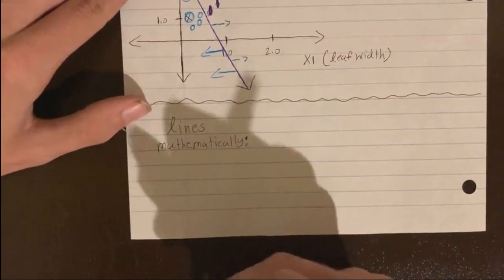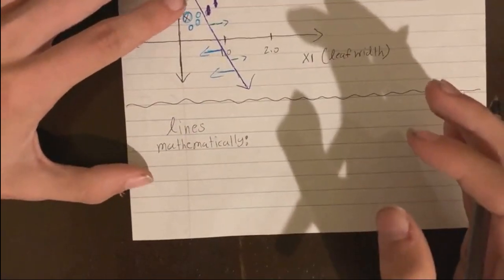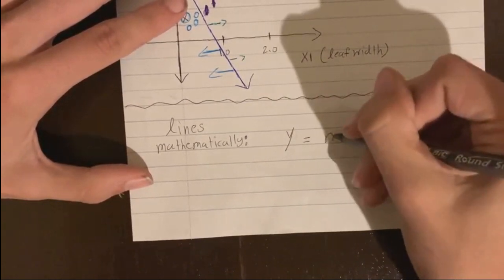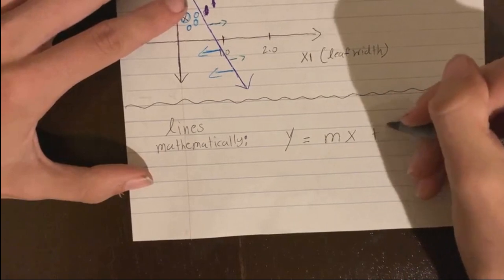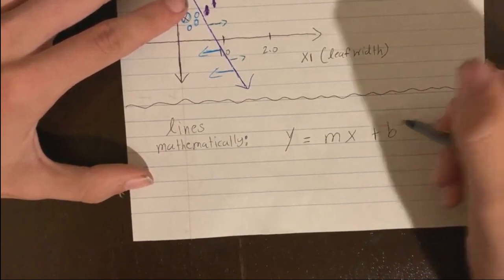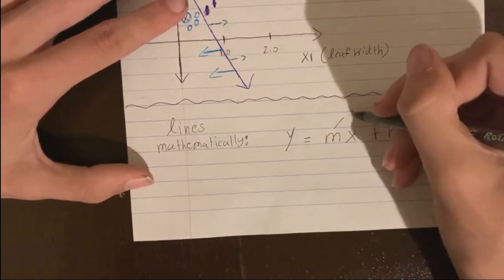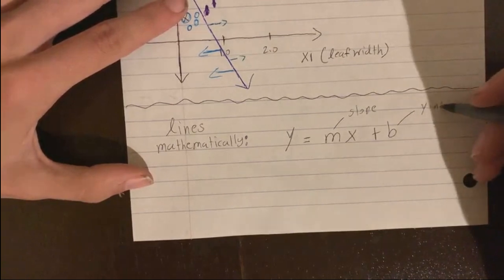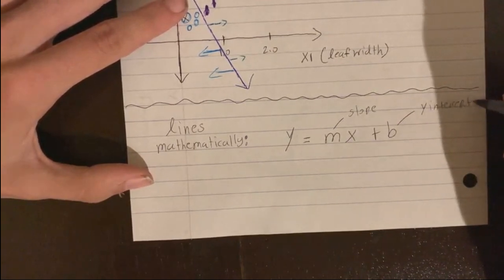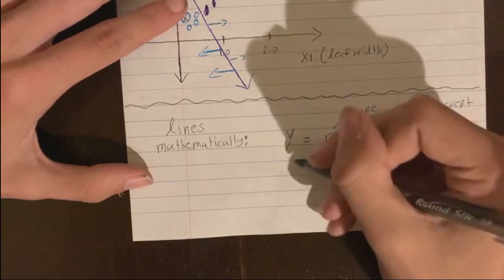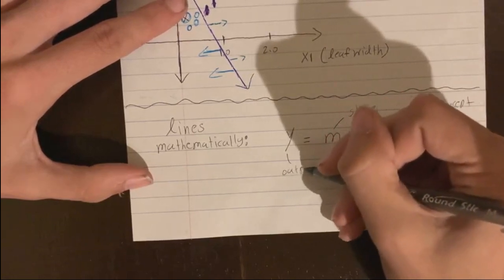Now, mathematically, a line in a 2D space we usually describe with y equals mx plus b, where m is the slope and b is the y-intercept. x is your input variable, and y is your output variable.